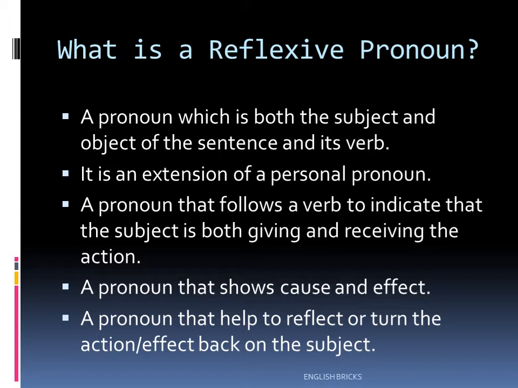Who is the cause of the action and who gets the effect of the action, and here it is the same person. And this is a pronoun that helps us to reflect or turn the action effect back to the subject. I hope you have got some idea there. Let us look at the examples for more information and a better idea.